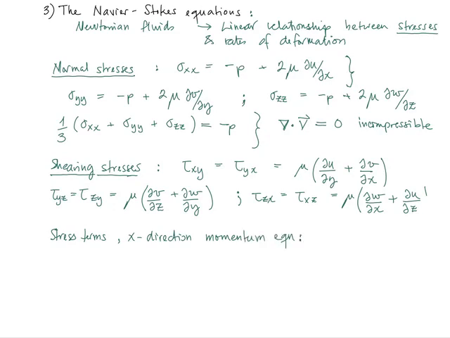Those terms were d dx of sigma xx plus d dy of tau yx plus d dz of tau zx.